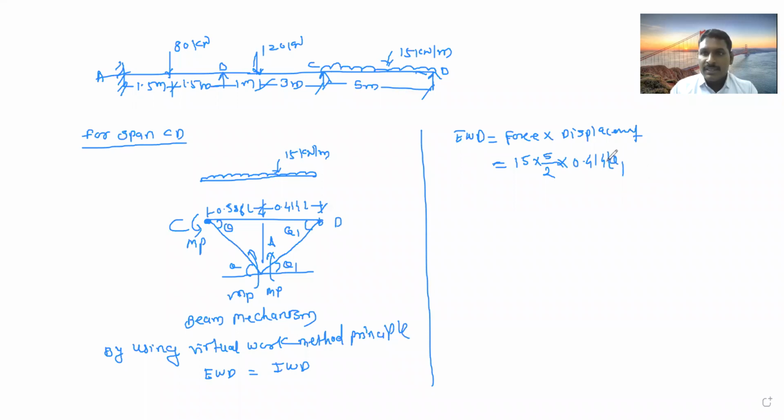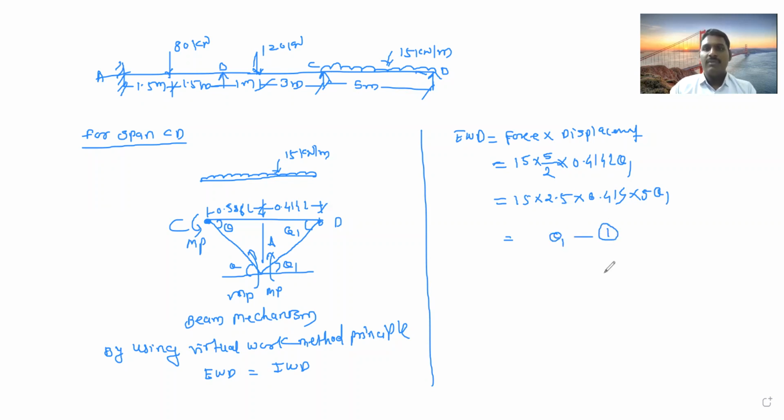Here L is pending. This is 0.414 L theta 1. Now we have to put the value of L. So 15 into 5/2, that is 2.5, into 0.414. How much L? L is 5 meter, theta 1.